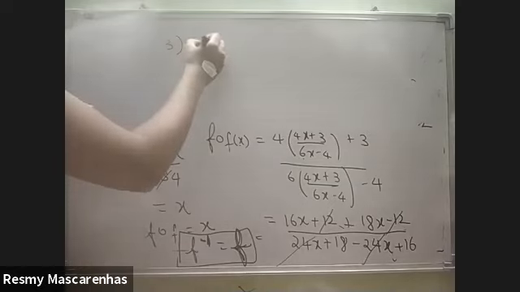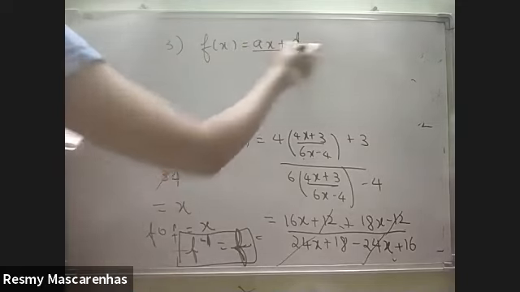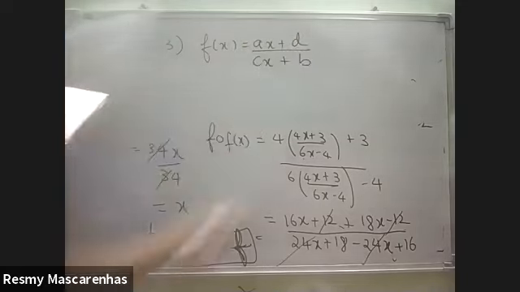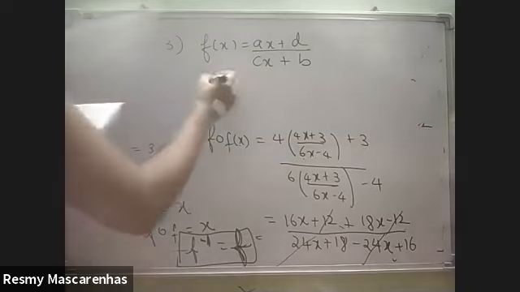Third one. Find a relation between a and b such that f o f of x is equal to x.